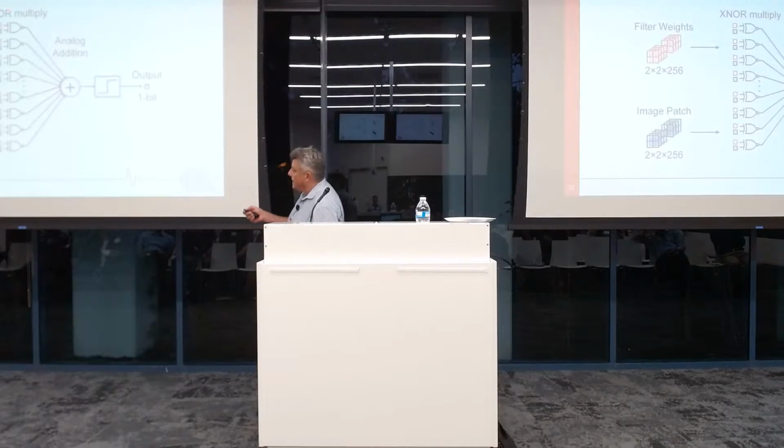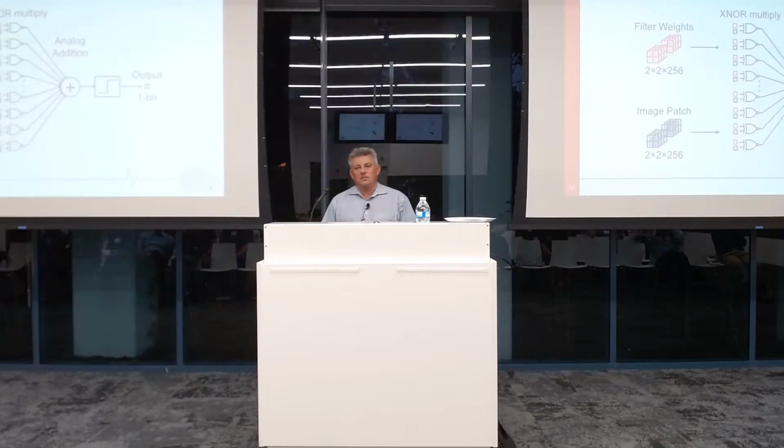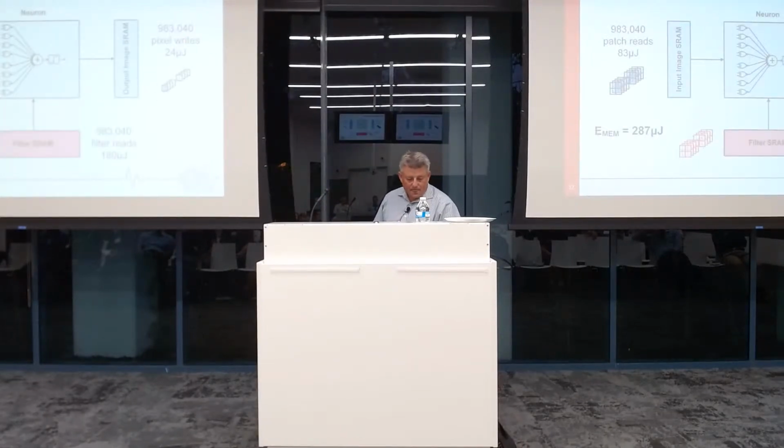That happens with these XNORs. And then you have to create the sum. If you were to do this digitally, it would be a big mess, because you have to build an adder tree of some sort. But this is where the analog stuff comes in. It turns out doing this with analog by just sharing charge between 1,000 capacitors can be pretty efficient. And this is ultimately why this architecture works really well.